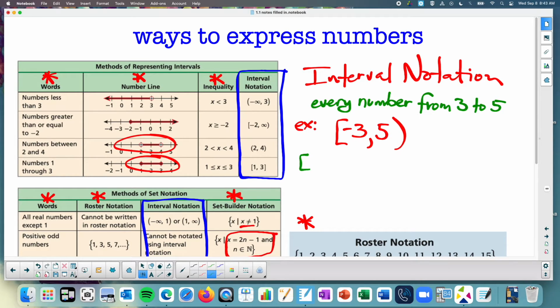A bracket would mean it's equal to that number. A parenthesis would mean it's not equal to it, or it's next to it. It's the same as filled in circle, open circle.